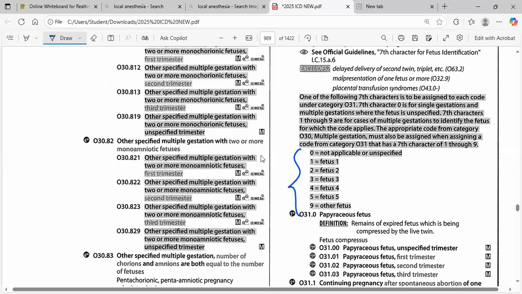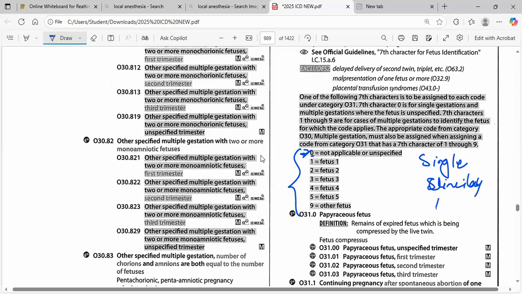If the patient has a single gestation, you don't need to represent whether it's fetus one or fetus two, because the patient has only a single fetus. So if there is a single fetus, your seventh character will be 0. If you are unable to clinically determine which one is affected, in that case also you have to use seventh character 0.